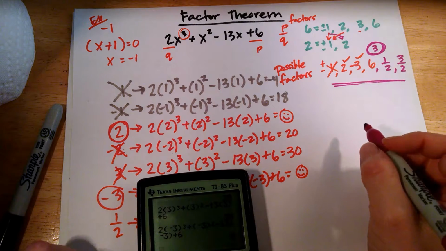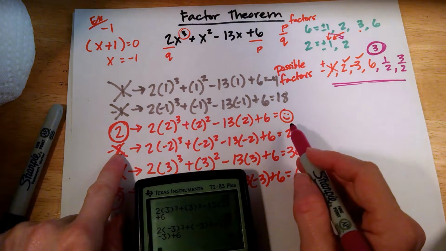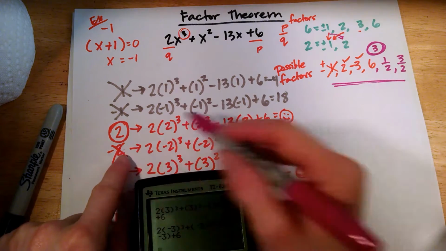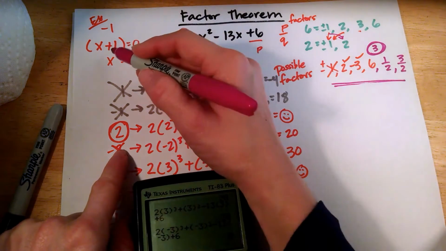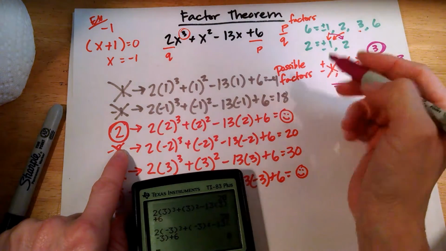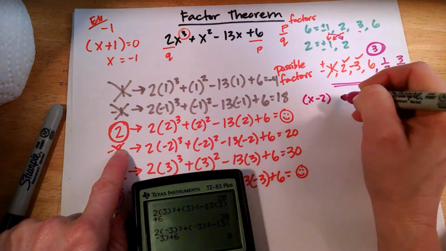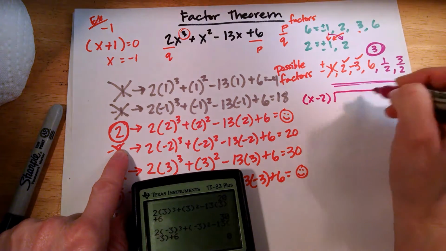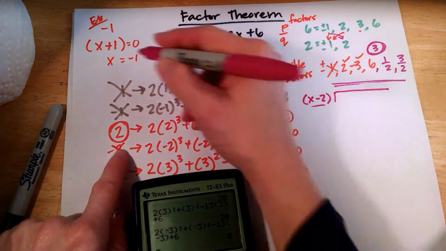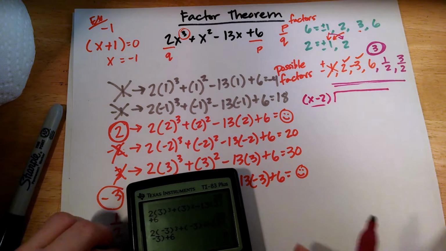Just make a note that if you're going to use long division, after you find one zero that works or one factor that works, you need to put it in with the opposite sign. So if 2 worked, which it did, you're going to put x minus 2 and then do the long division that way. So just a note, you have to put it back in that binomial written form.